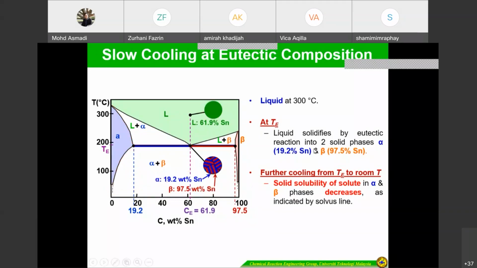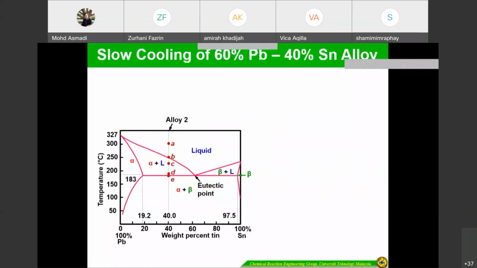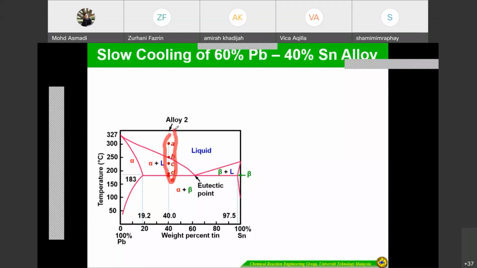When we do slow cooling for lead and sternum, we can see a different angle for this figure. This one is 2D, temperature versus composition.